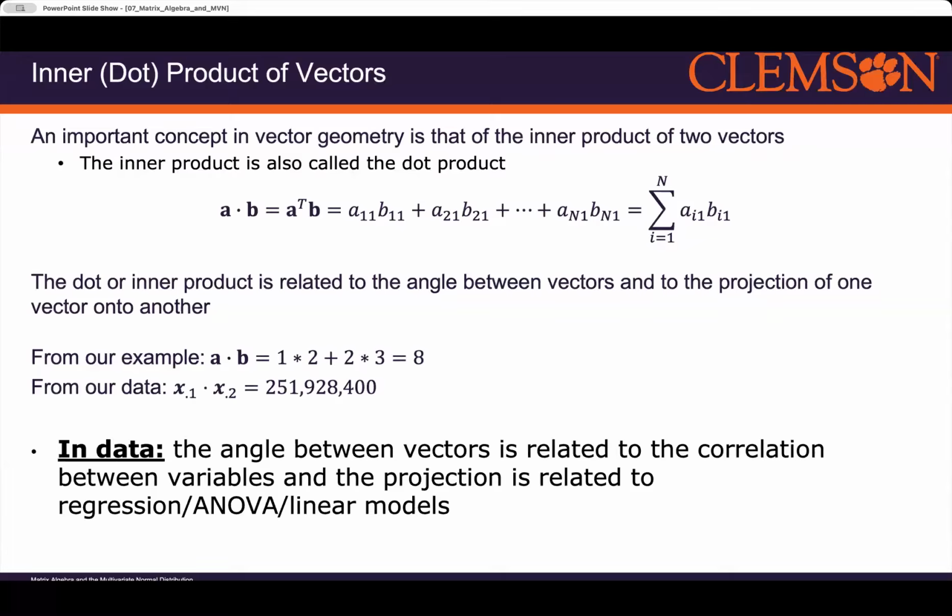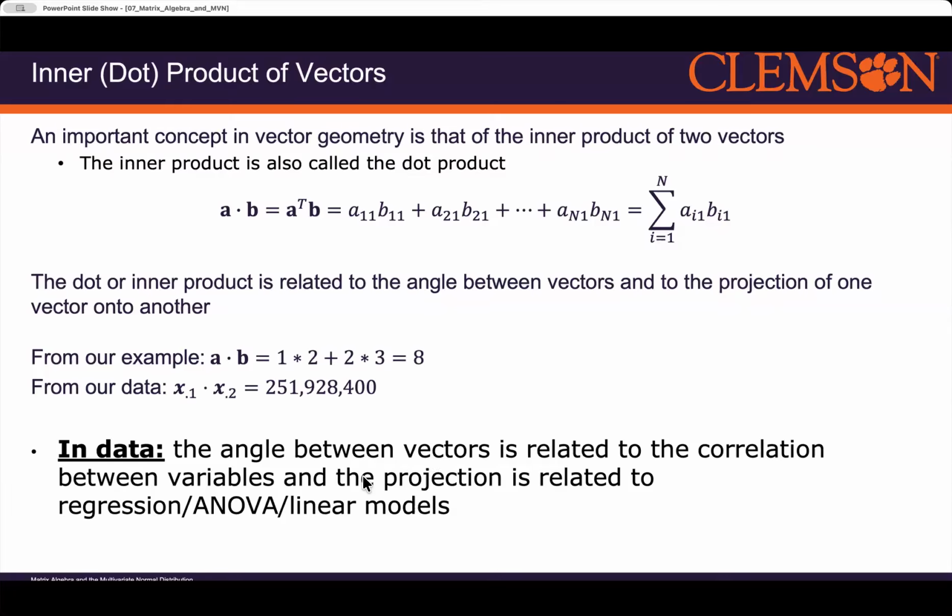Where it actually does have meaning is the angle between vectors. So the result of the dot product, or actually a version of that, is related to the correlation between variables, right? And we can use that when we build what we call a projection of one vector onto another, or one vector onto a set of vectors.